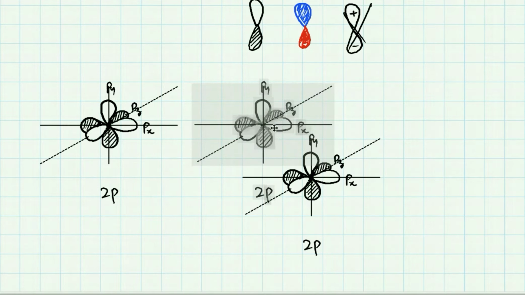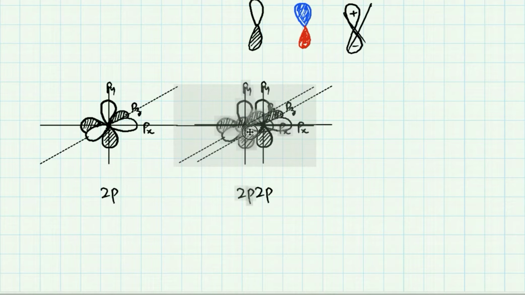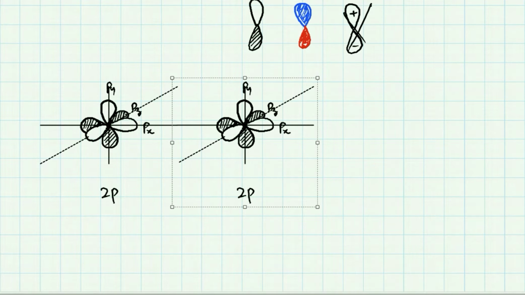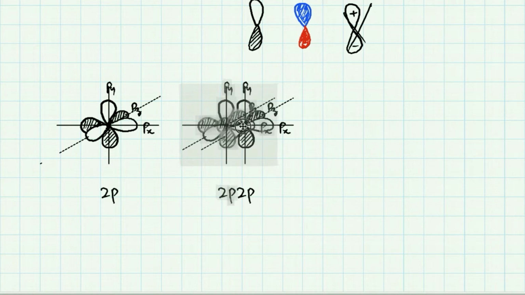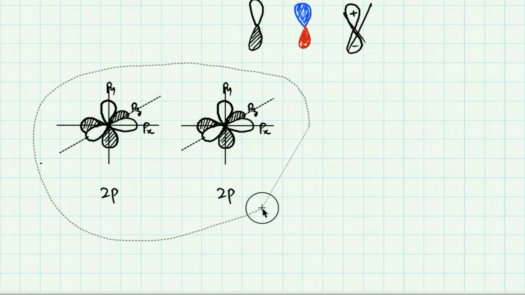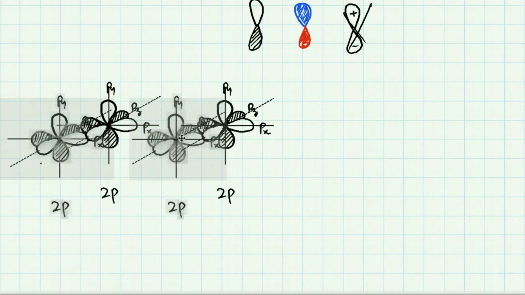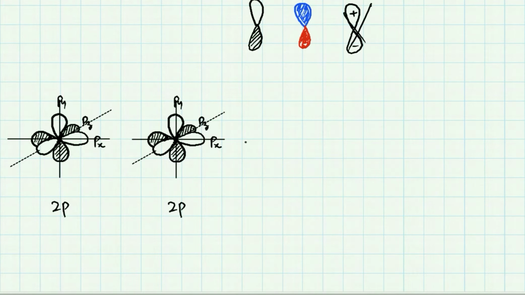Suppose they are combining together. We want to look at the mode of combination. How could they combine together?